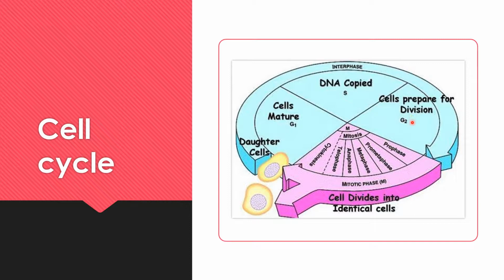And then the mitotic phase, this is the mitosis that we all might be a little bit more familiar with, and cytokinesis. This also will be discussed further in later slides.